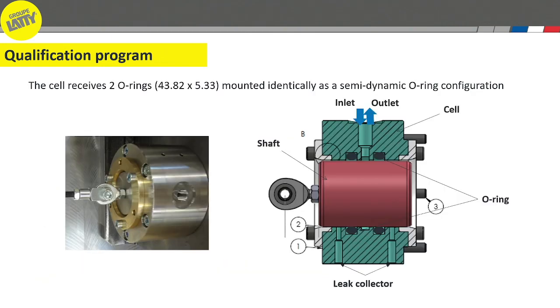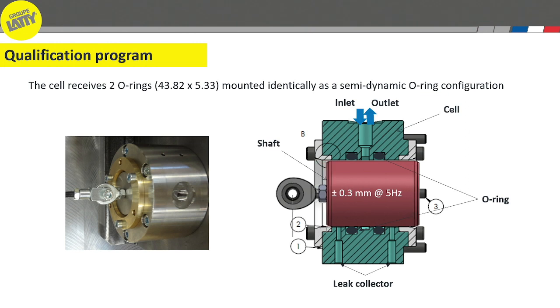Here we have the testing set-up in detail. We fit two identical O-rings in a test cell, which allows it to be filled with water. The shaft can slide with an amplitude between minus 0.3 and plus 0.3 with a frequency of 5 Hertz.